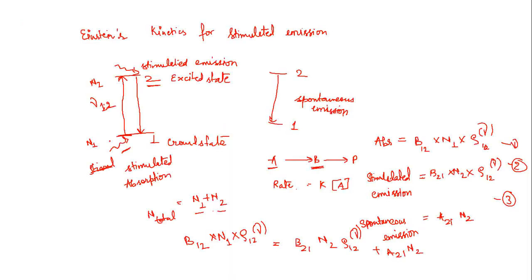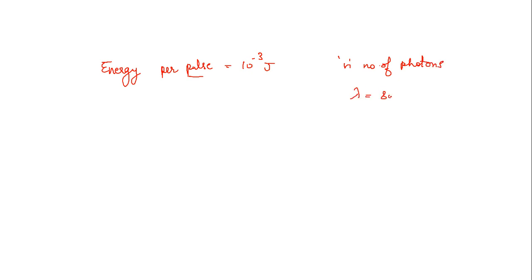Okay, I'll write it on a fresh page. So energy per pulse is 10 to the power minus 3 joule. Now in one pulse there can be n number of photons, right? And since the wavelength we are given is 800 nanometer, we can calculate the energy of one photon.